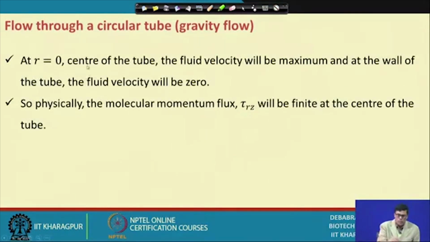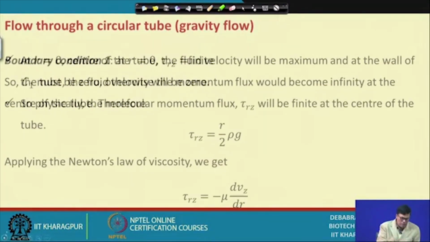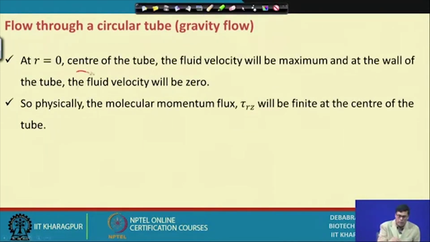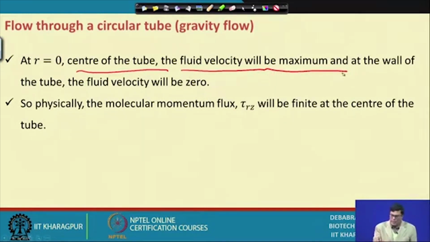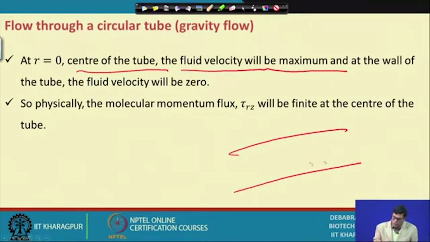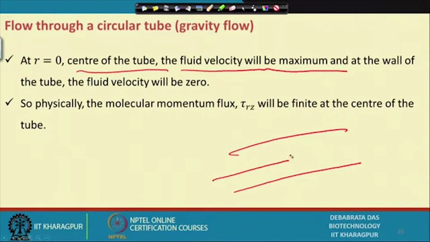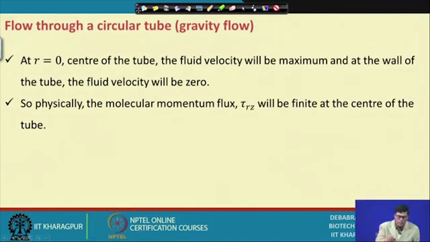So for flow through the circular tube, what is happening at R equal to 0, the center of the tube? The fluid velocity will be maximum. Suppose this is the tube, and you know that the velocity is maximum here. Why? Because you have less friction. As you come close to the wall, there will be friction between the wall and the liquid, so the velocity will be affected.